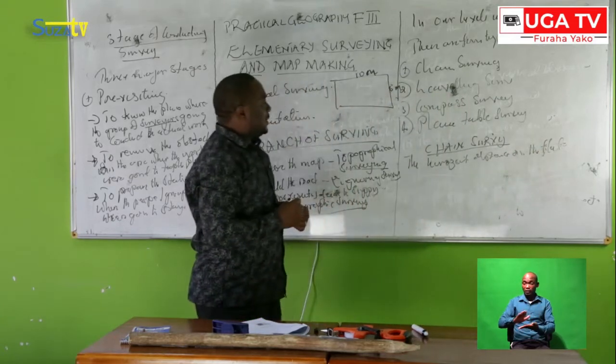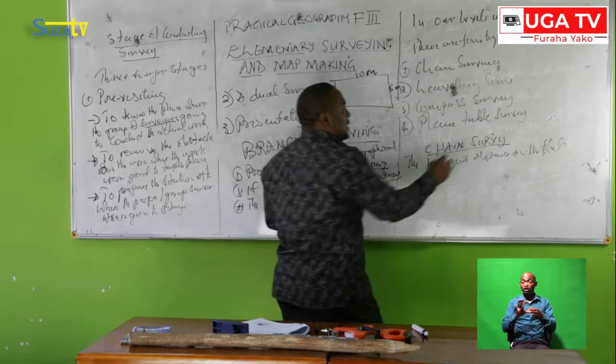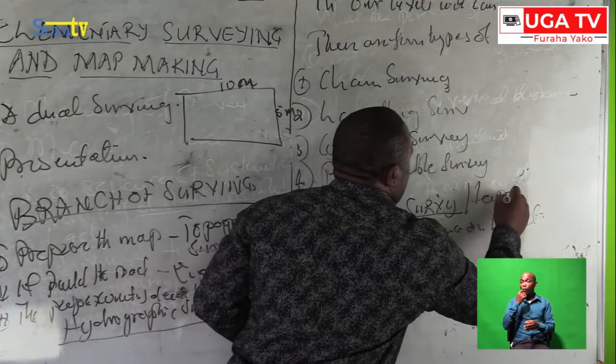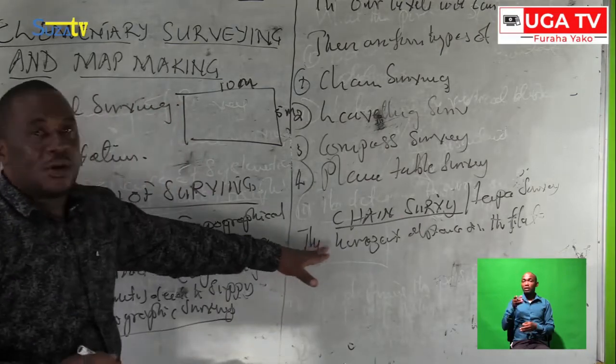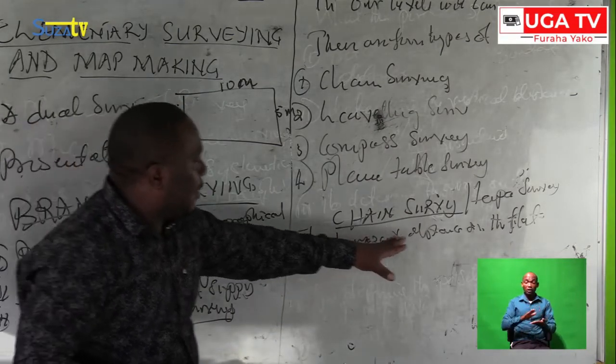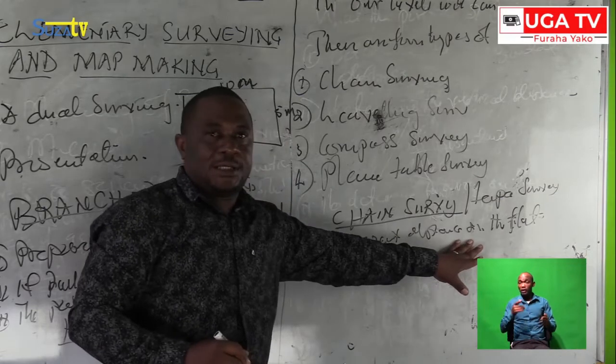This we call a chain survey, or sometimes, my students, a tape survey. So it is used to measure the horizontal distance on flat land.